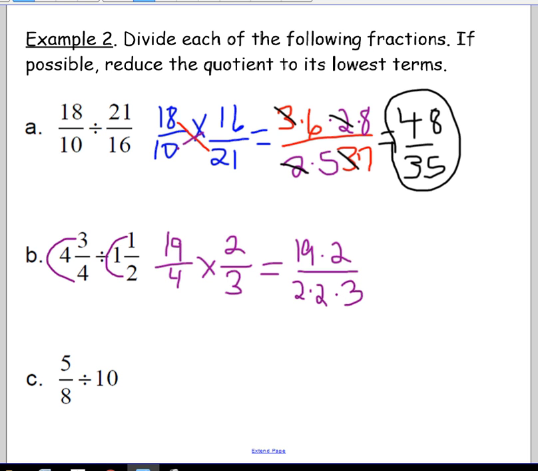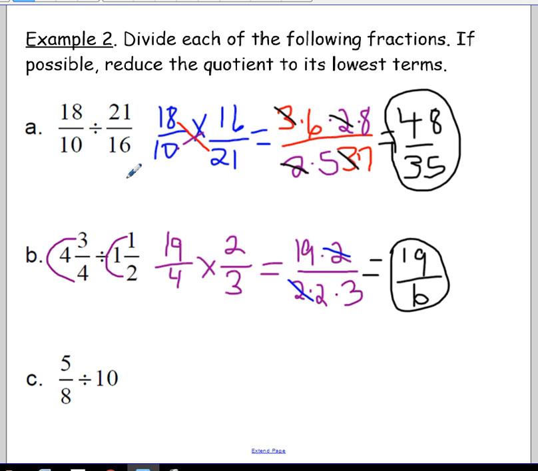So the only thing we can simplify is to divide out a 2. And when we multiply that together, we get 19 times 1, if you want to think of it that way, or just 19 on the top, with 2 times 3, or 6 on the bottom. So 19/6 is the answer, or 3 1/6.